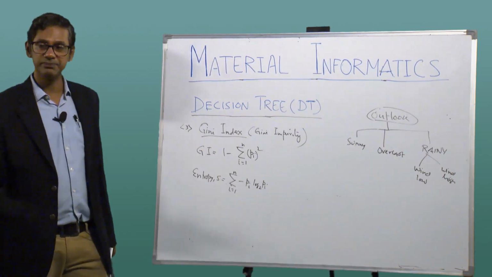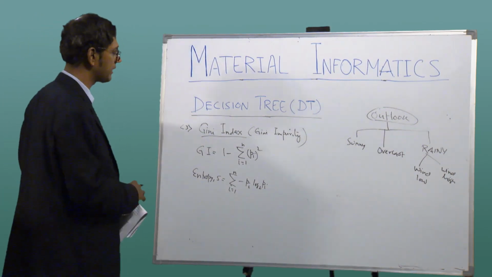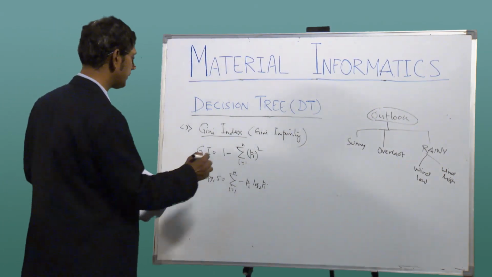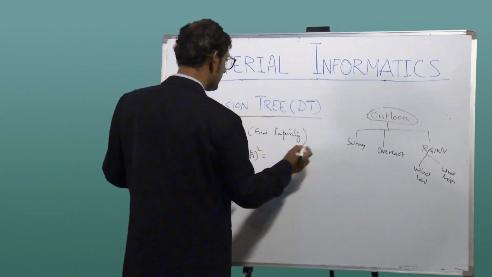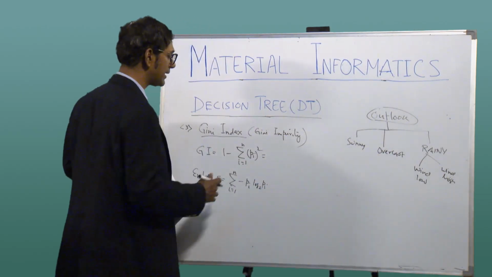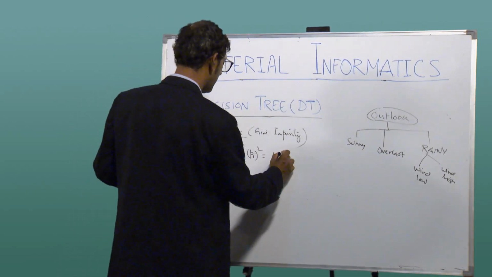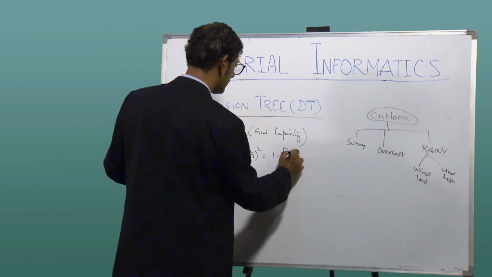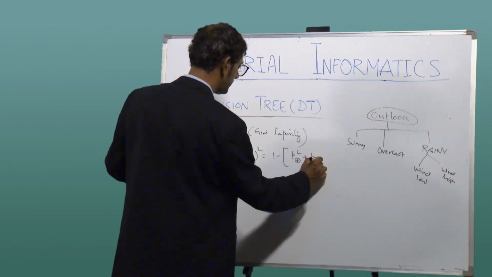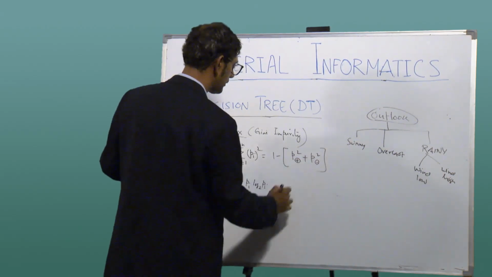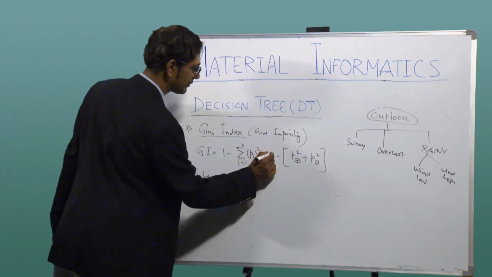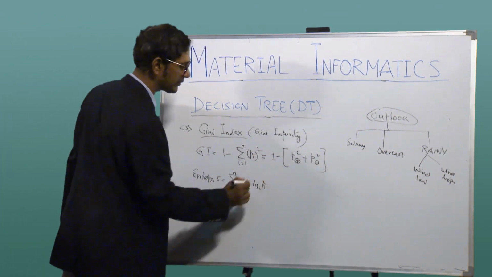Pi can be a very small fractional number, and then you subtract the sum from 1. That is what we are doing. So, if I expand this for the binary classification case, it will be 1 minus (p positive square plus p negative square), for a binary classification case, very easy, yes and no type cases.